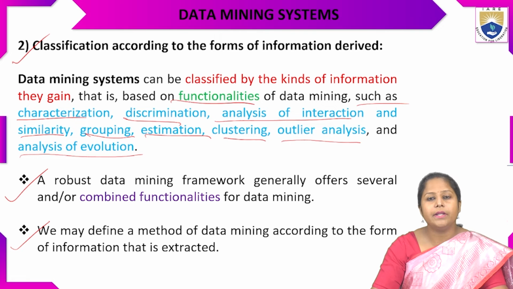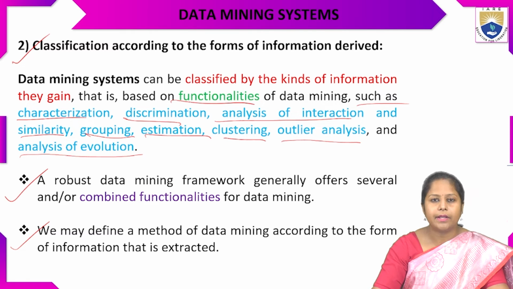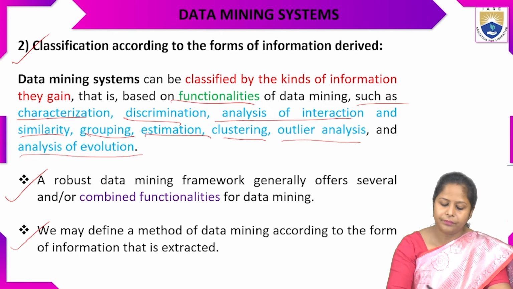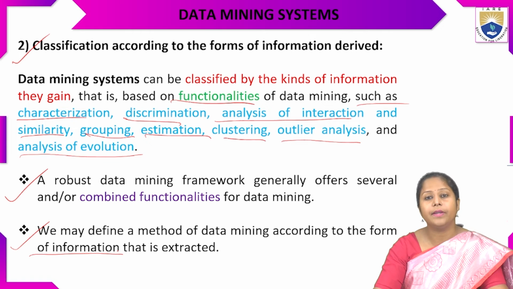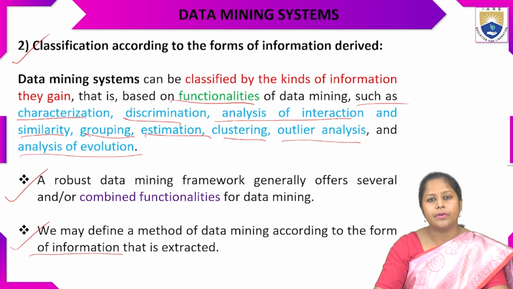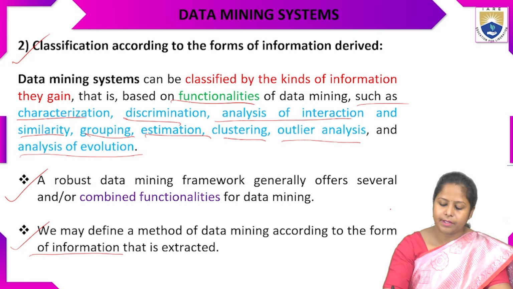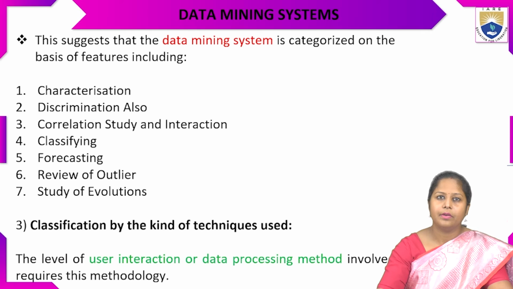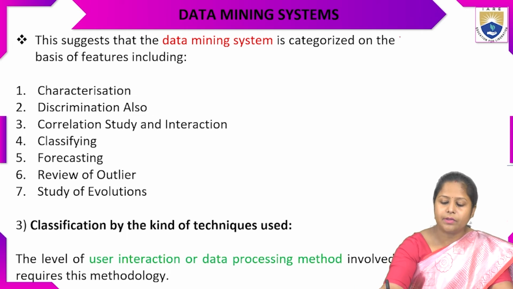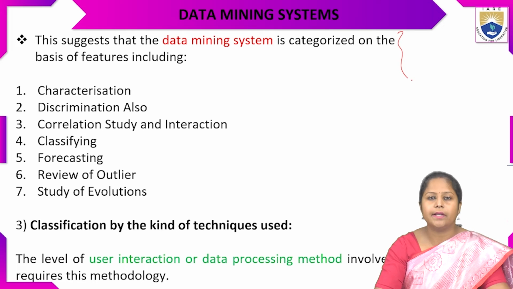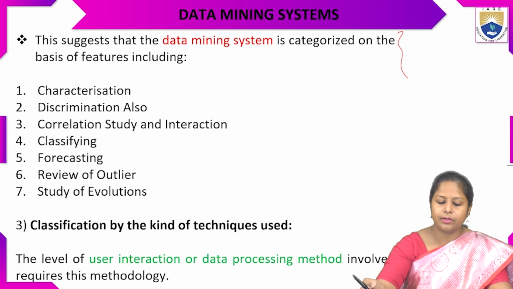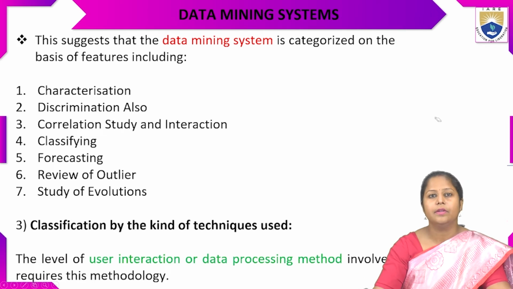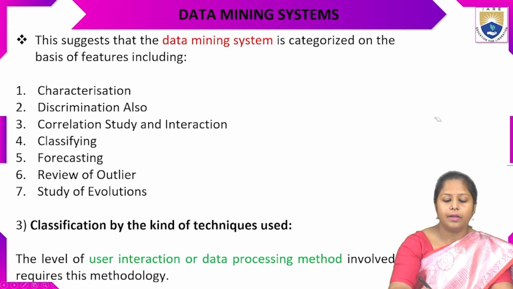Sometimes we may define a method of data mining according to the form of information retrieval that we are going to extract. On the basis of that, the data mining system is categorized on the basis of the features. So what are the features?